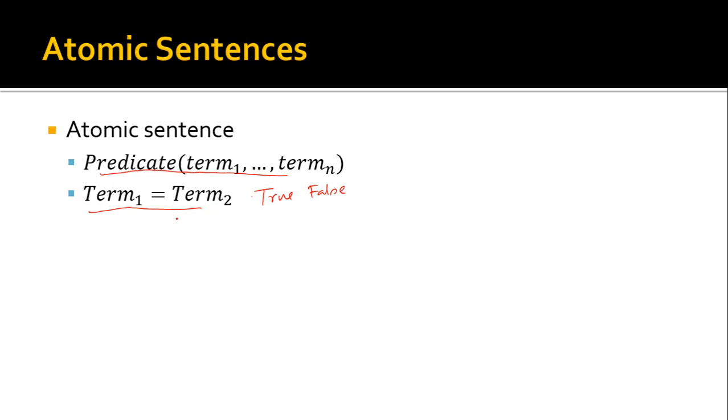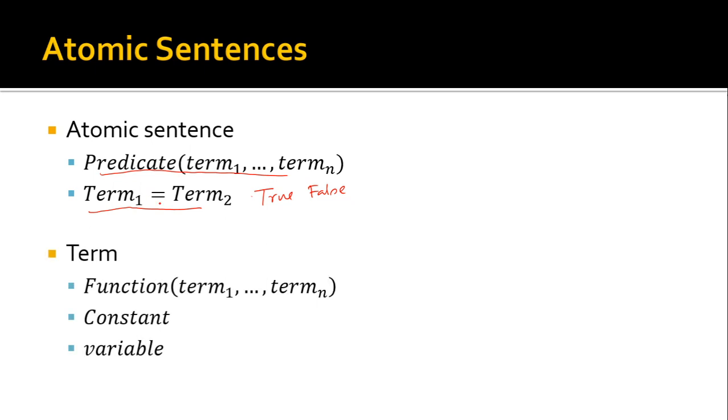It looks different from a predicate, but more or less semantically they are the same. The terms can be a function, as here we can put a function in place of term 1, or it can be a constant, or it can be a variable.